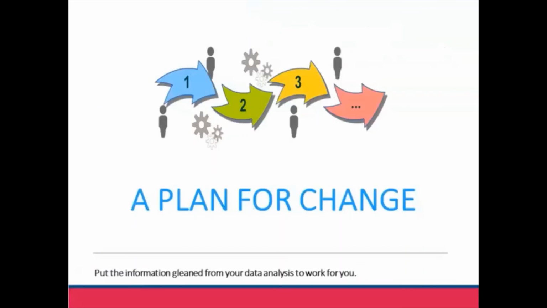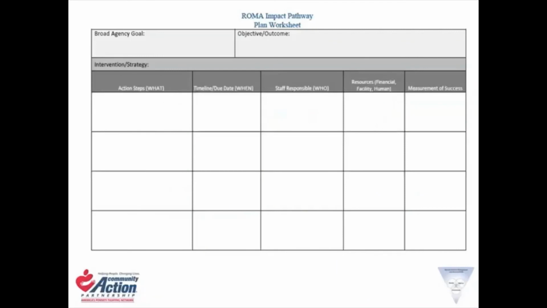So again, we're using this data that we've analyzed, we've turned it into information, and now we are ready to start to create a plan based off of that information that we have identified. As Barbara said, there's a longer, more in-depth series that talks about creating these plans, one that we call a pathways plan, so thinking about the agency's use of this document that you see here.